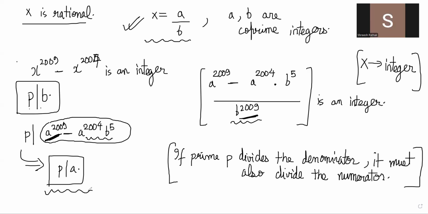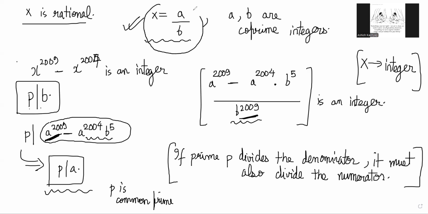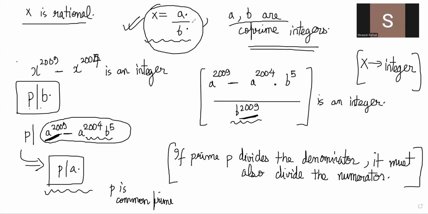Yes, sir. But then p is a common prime factor to both a and b. Common prime factor. But what did we assume here? x was equal to a by b. a and b are co-prime. a and b should not have a common prime factor p. Right. The only common factor between them has to be 1. Yes, sir. Right now we are getting that if p is a prime number dividing b, then p also divides a, which means they have a common prime factor, which means it's a contradiction.